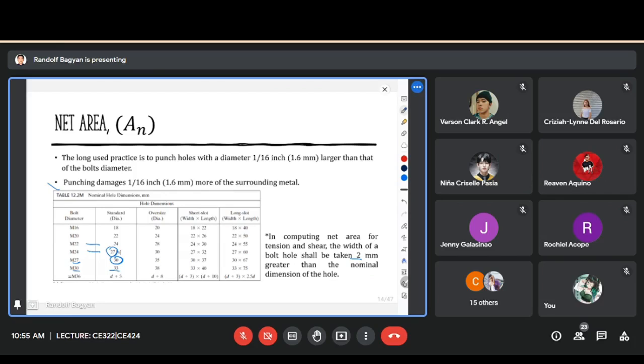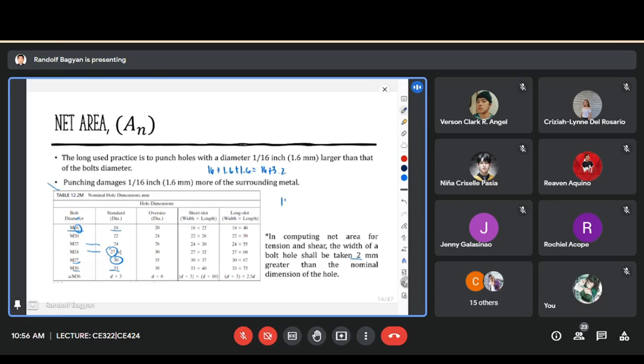So, doon, kapag doon sa libro, that would be, kunyari, 16 mm. 16 plus 1.6 plus 1.6 lang sana, 16 plus 3.2. Okay? If we follow the NSCP, M16, standard diameter, that would be 18.